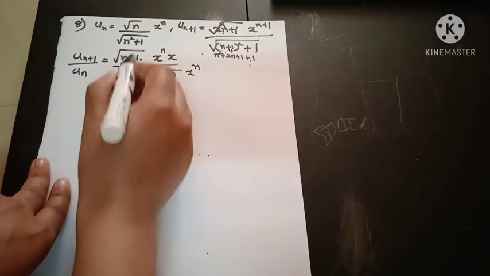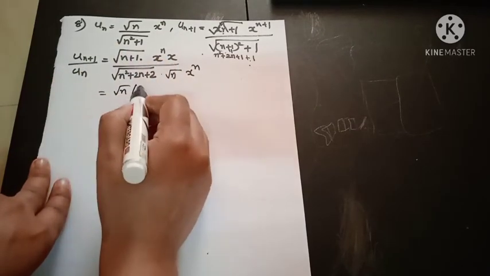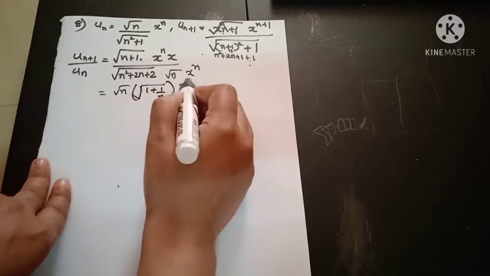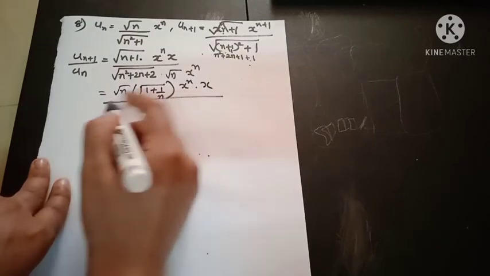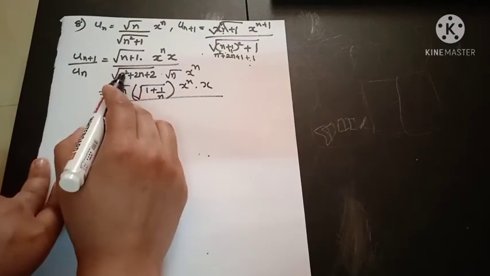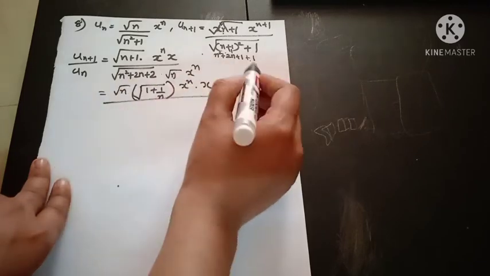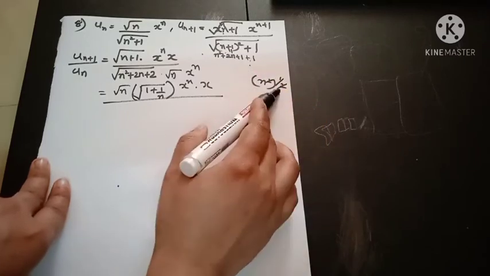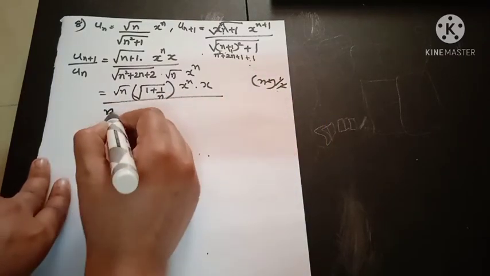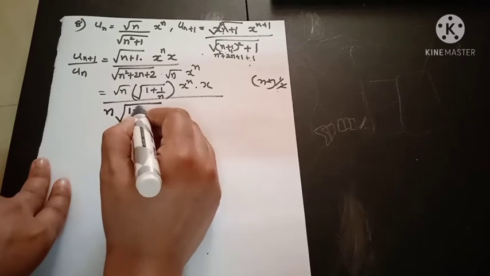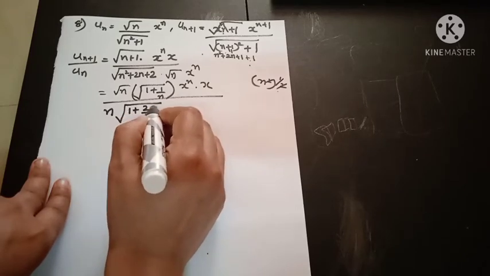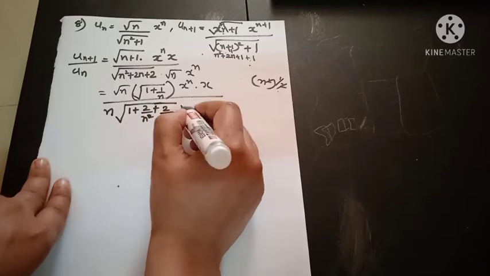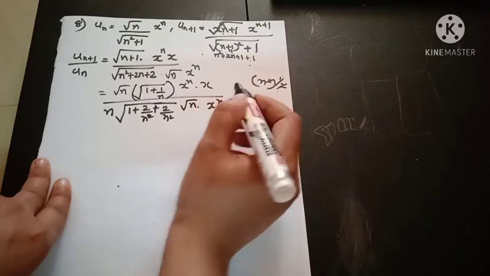I will take root n outside. Root of (n plus 1) is root n into square root of 1 plus 1 by n, and x to the power of n into x, divided by root n into square root of (1 plus 2 by n plus 2 by n square), into root n into x to the power of n.